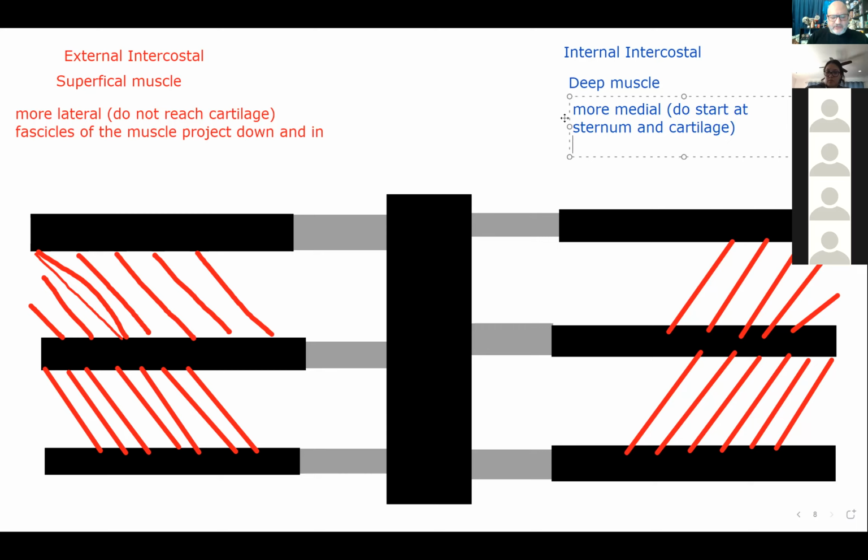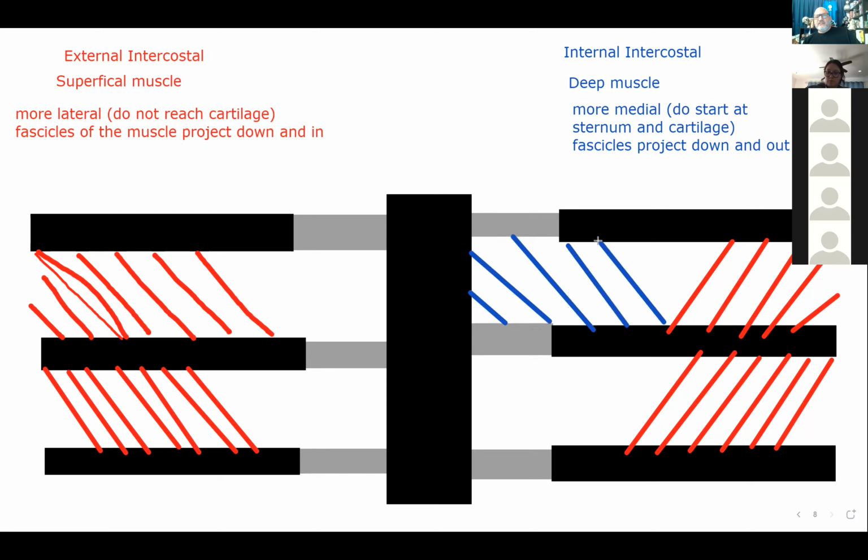And their fascicles project down and out. So their fascicles start here at the midline and project down and out.